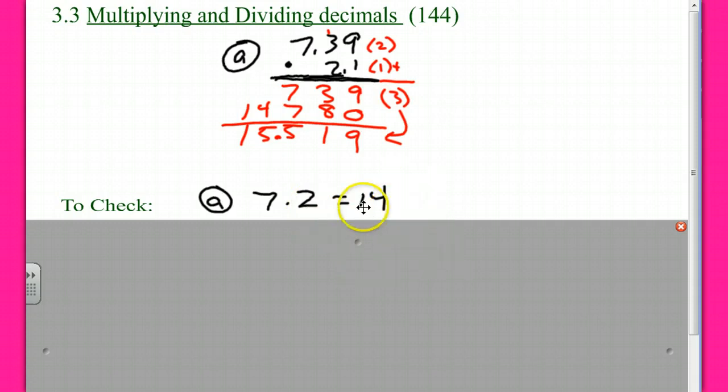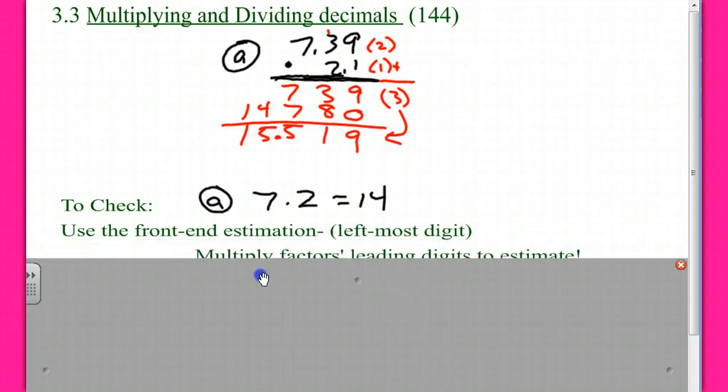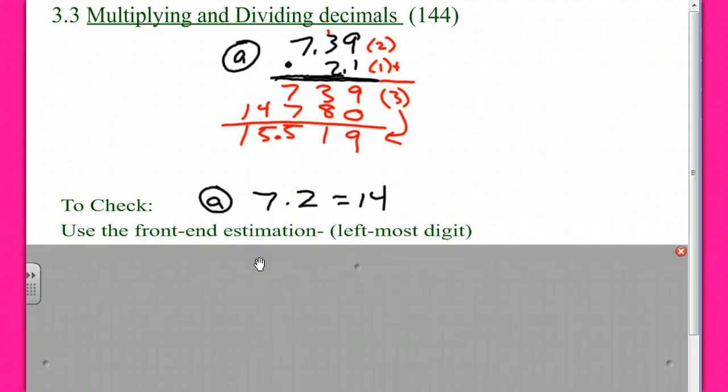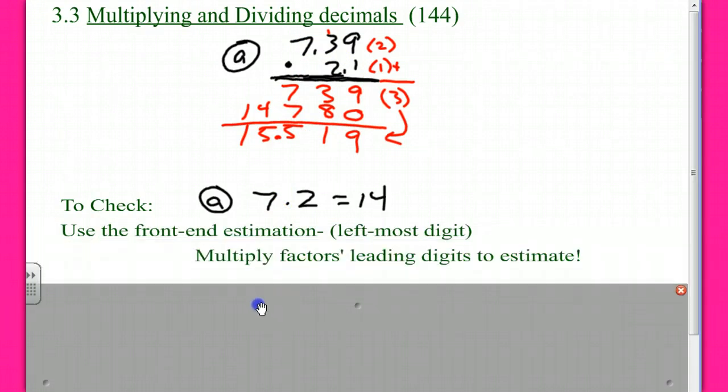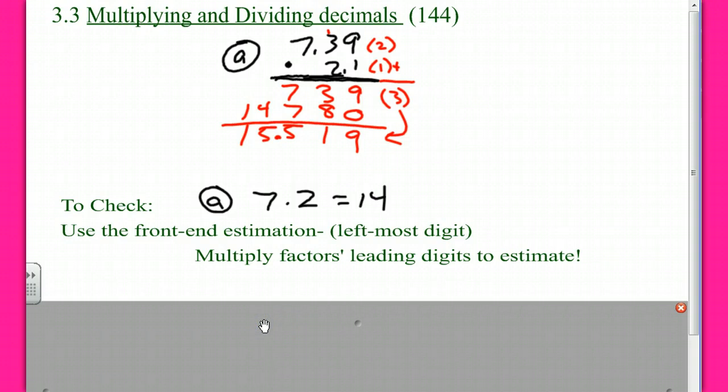So is 15 just a little more than 14? Yes. So this is a low estimation because we rounded 7 to something a little less than what it really was, right? 7 39/100. And we rounded 2 down a little bit too, didn't we? So it is a way to use front-end estimation to check your answer and make an estimate.